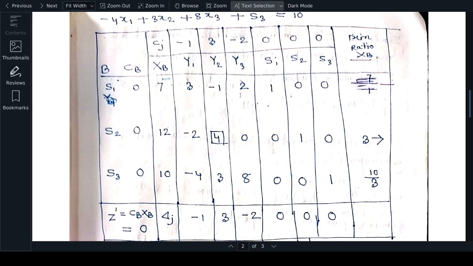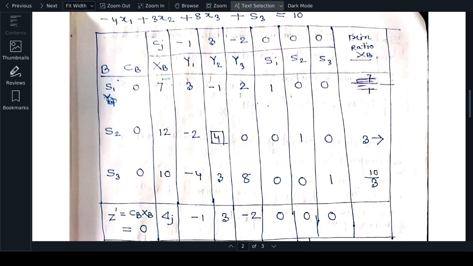Means delta j is positive. If at least one delta j is positive, then we cannot get an optimal solution. So here 3 is positive, -1, okay no problem, -2, 0, 0, no problem. But the problem is created by this 3 positive value.